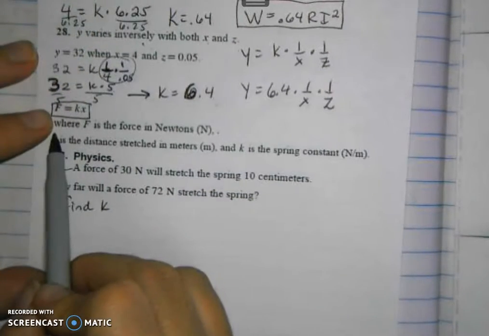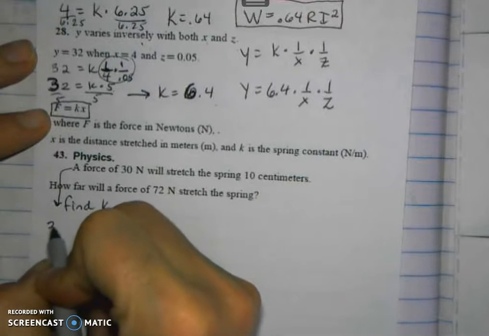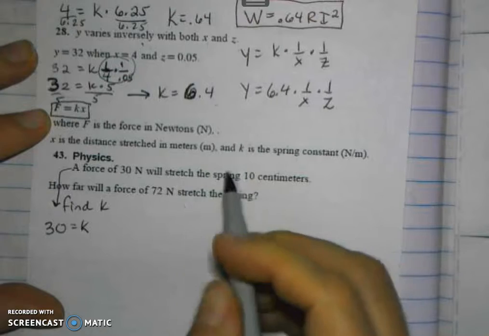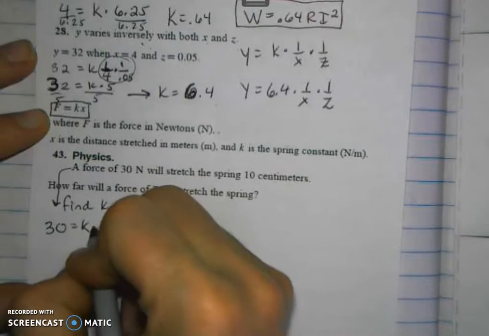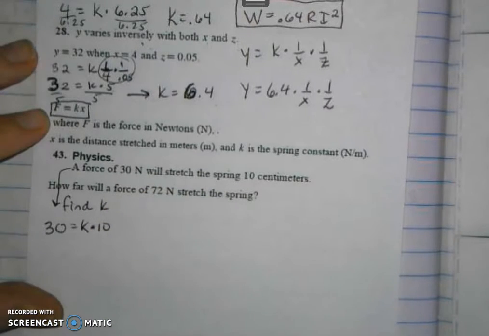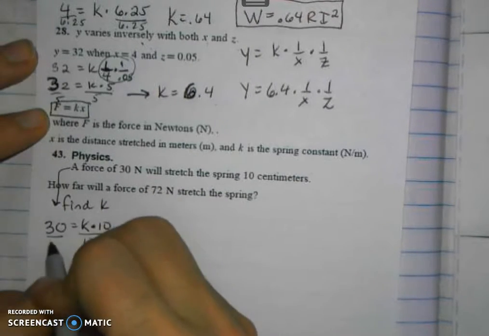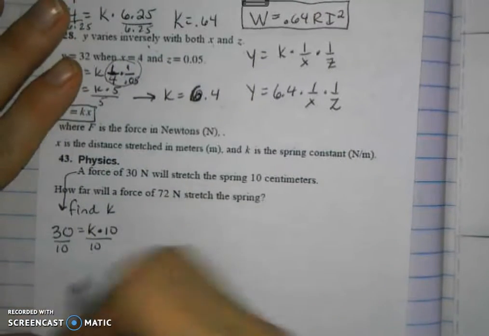So F is the force in newtons, so I'm going to put 30. Then I put K. And then the distance it's stretched is 10. So this tells me my K is, in this instance of this spring, 3.